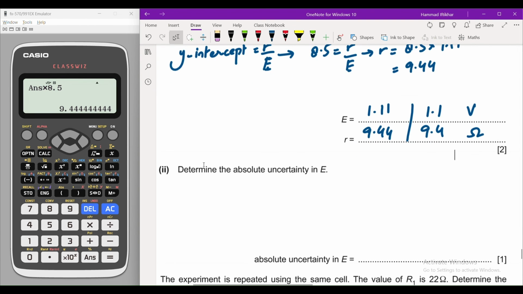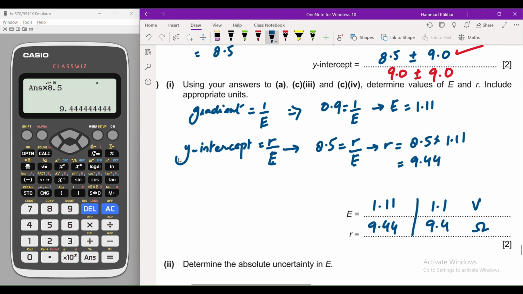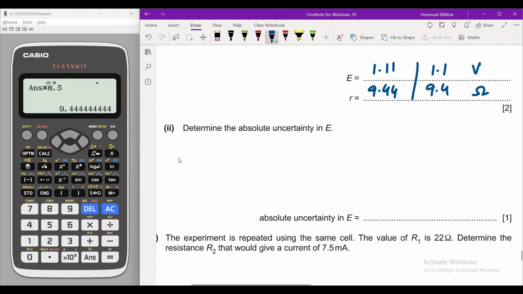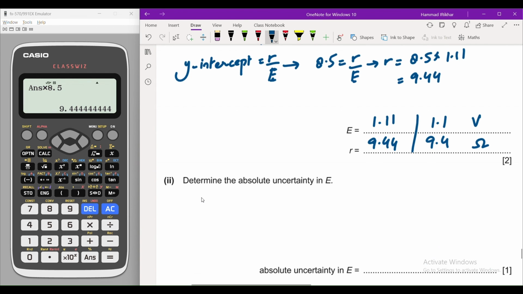Next, determine the absolute uncertainty in E. Since E is the reciprocal of the gradient, it has the same uncertainty. So the absolute uncertainty in E is basically the absolute uncertainty in the gradient, plus minus 0.1.